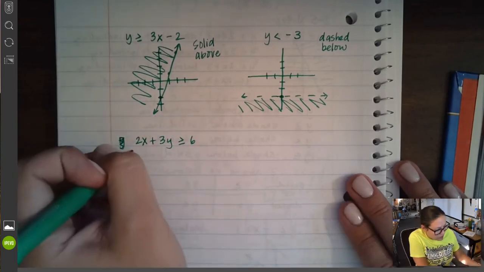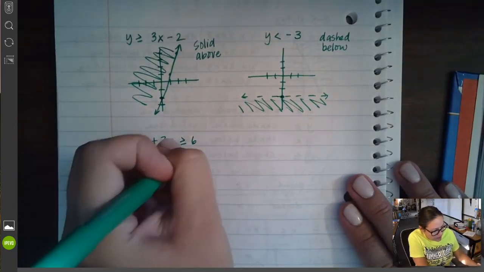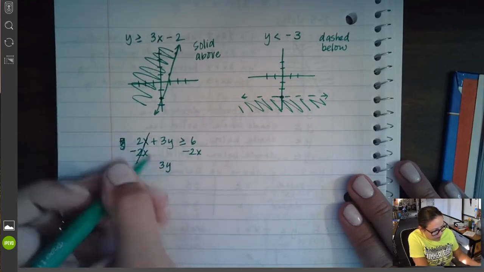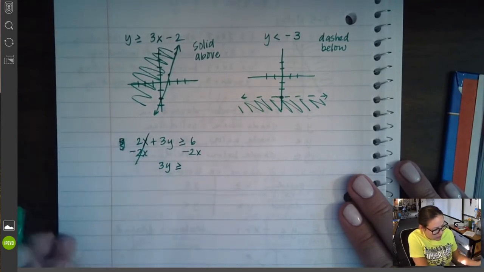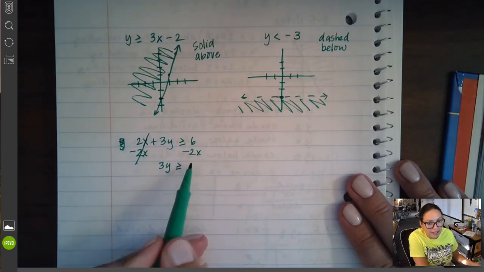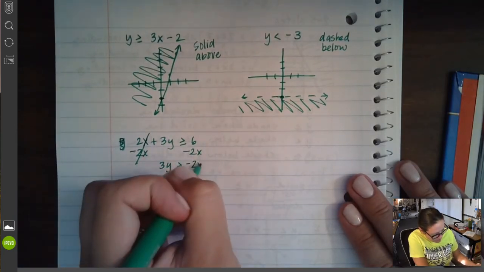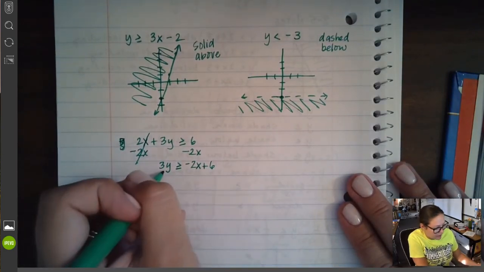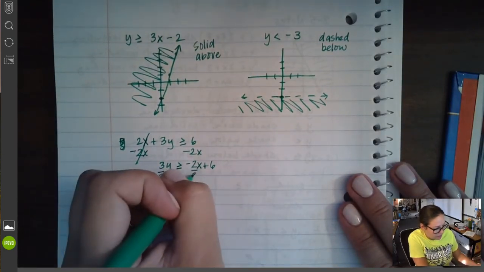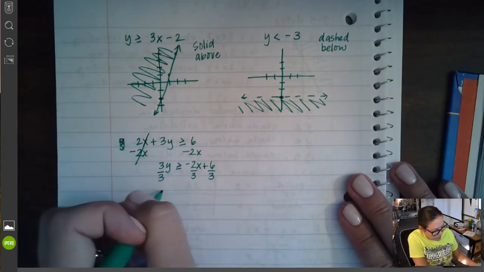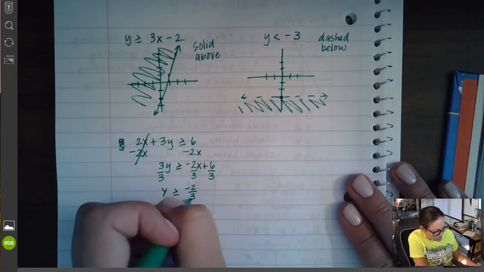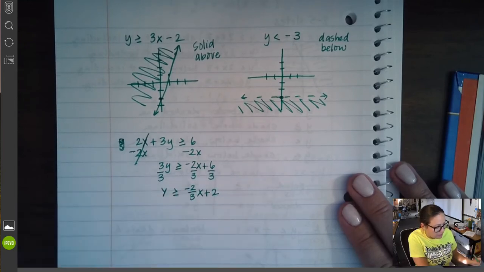So I'm going to subtract 2x from both sides. And we get 3y is greater than or equal to. Now remember, these are not like terms. Then I'm going to divide everything by 3. So I have y is greater than or equal to negative 2/3 x plus 2.